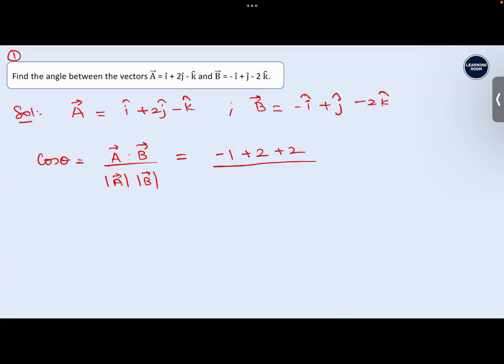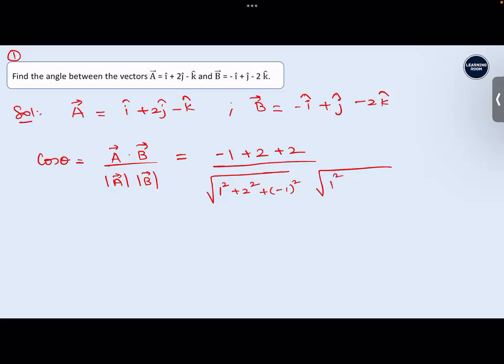That's right. Now how to find the magnitude of a vector? Root over the sum of squares. I gave it to you last Friday, check your notes.